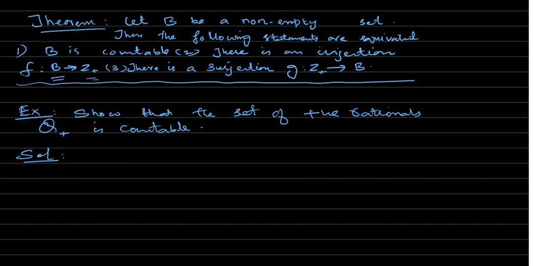Okay, because Z plus cross Z plus is a countable set. Countable set के लिए आपको bijection होगी from the set to Z plus. Is it from the Z plus to B आपको चेक करना है. Z plus से लेकर Z plus cross Z plus तक bijection है.